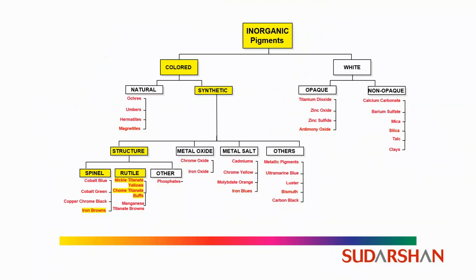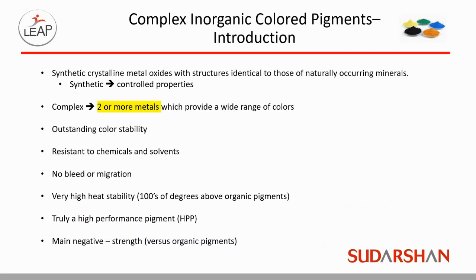So moving over to the inorganic pigments, these would be our synthetic CICPs. In the yellow space, we have several in the rutile crystal structure, as well as one in the spinel crystal structure. So the CICPs are synthetic crystalline metal oxides.